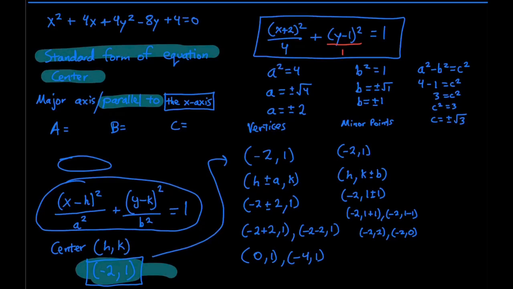This would be enough if you only had to find c, but if you had to find the foci, which you normally do for a lot of the questions, remember this is going in the same direction as the vertices. Or if you don't want to think about it in terms of the vertices, the foci will be going in the same direction as the ellipse.